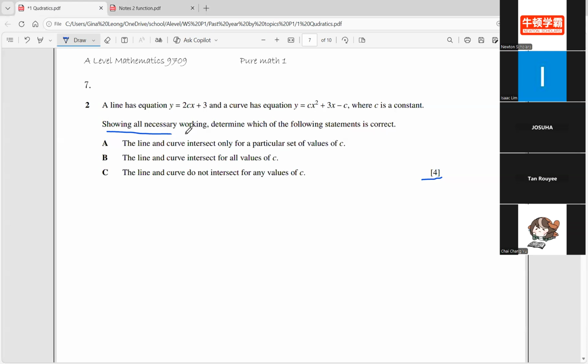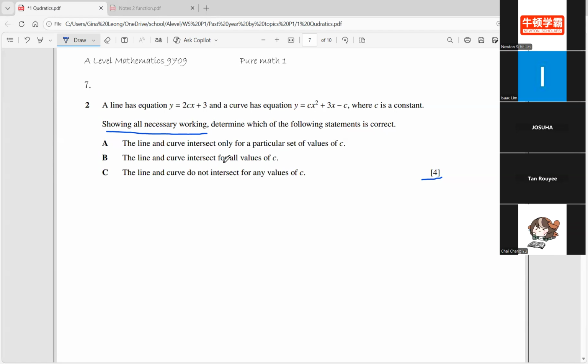So he asks you to show all the necessary working. If a student never shows any working, they just simply circle A or B or C, they cannot get any marks. So remember to show all the working, because this is the requirement for the question.